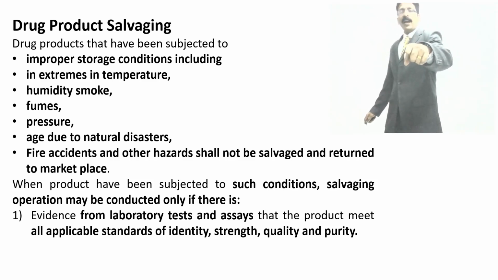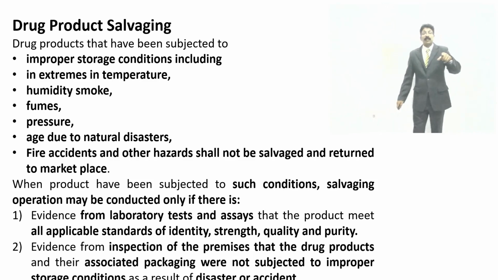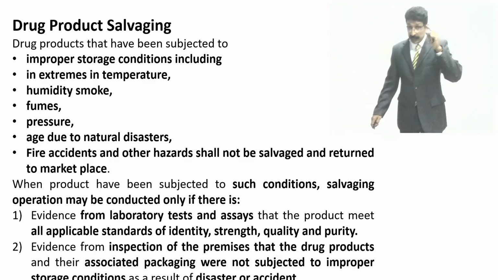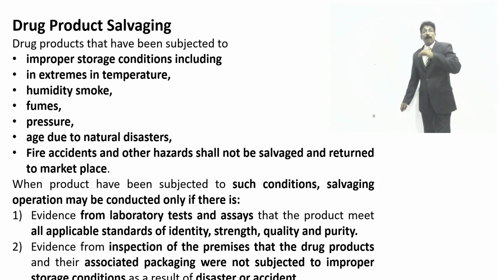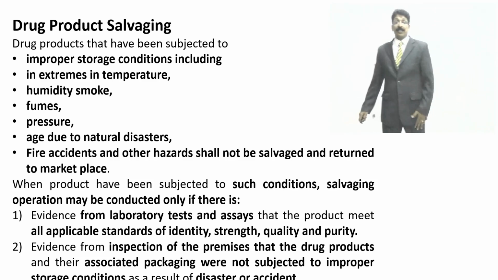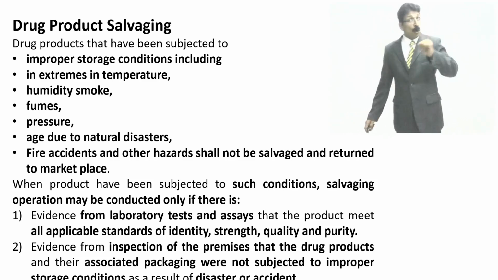Then go for reprocessing. Again, you need evidence from inspection of the premises that the returned drug product and associated packing were not subjected to improper storage conditions. If they say it has been returned because of improper storage conditions, don't reprocess.